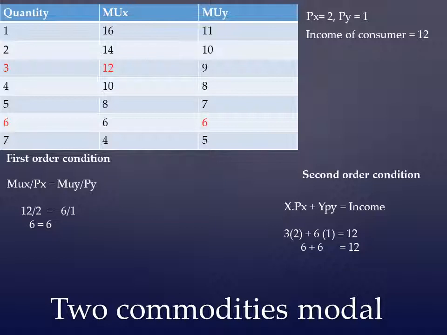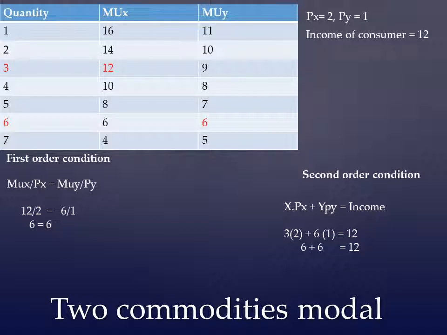At price 2, the marginal utility of X is 12 and at price 1 the marginal utility of Y is 6. In the first order condition we can see the marginal utility of X is 12 while the price of X is 2. On the other side, the marginal utility of Y is 6 and the price is 1. When we solve it, it becomes equal.